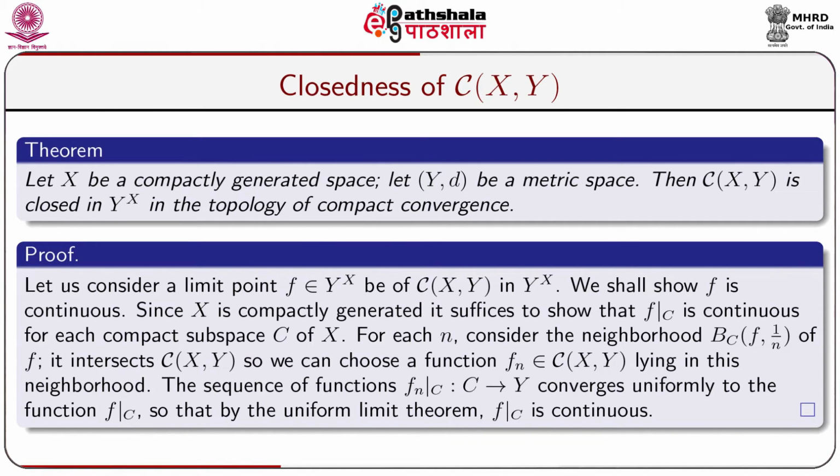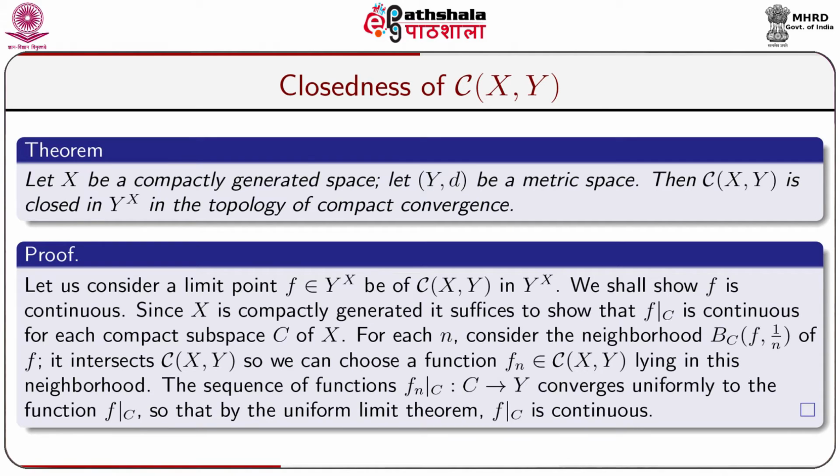Now, B_C(f, 1/n) intersects C(X,Y) for each n. So, we can choose a function f_n in C(X,Y) lying in this neighborhood, for each n. Then the sequence f_n restricted on C from C to Y converges uniformly to the function f restricted on C. This follows from a previous theorem.